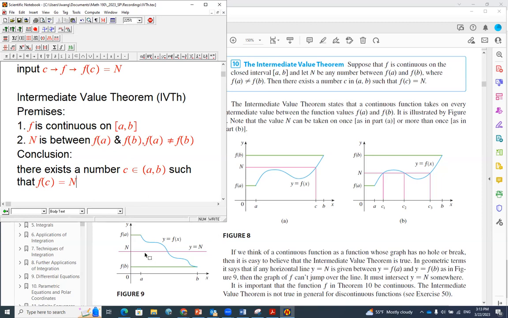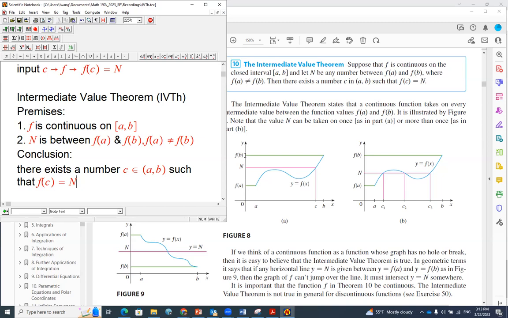You can see in the textbook, there's some very good illustrations. I'm going to just use these textbooks. You can find these textbooks, the same author textbook or any calculus textbook. They all have very good illustrations. The first one, you can see figure 8. So you can see the categories. A, C, B, they're in the category of input. So input is on the horizontal. The output is on the category of output, f of A, capital N, f of B. So you think of the definitional function, so we understand that.